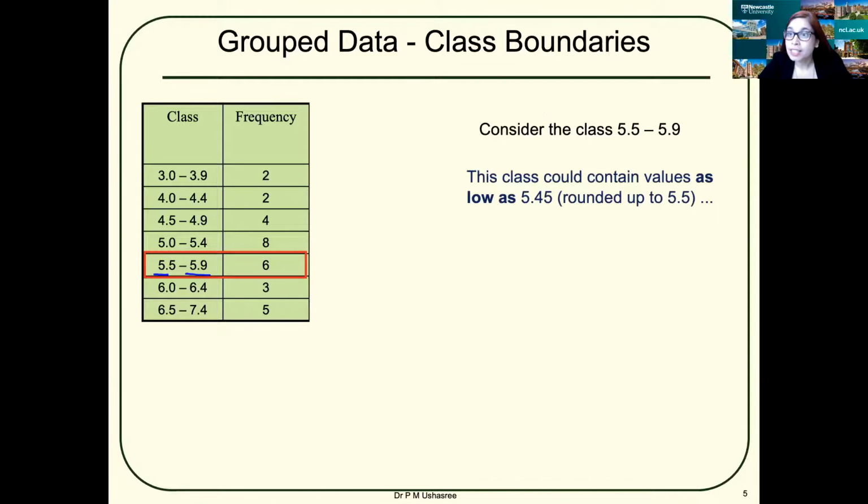But this class could contain values as low as 5.45, because if an adult has a cholesterol level of 5.45, you're going to put that adult in this class, since when you round 5.45, it's 5.5. Similarly, what is the maximum value this class can have?